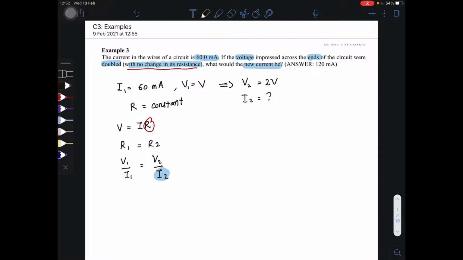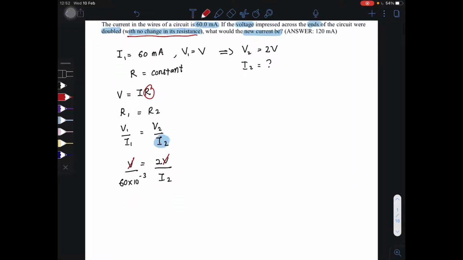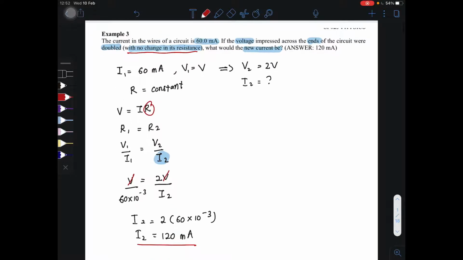So just put in the values. V1 is V, I1 is 60 exponent negative 3, and V2 is 2V divided by I2. So this one you can cancel, meaning I2 will be equal to 2 times 60 exponent negative 3, which is equal to 120 milliampere. So this is example 3.